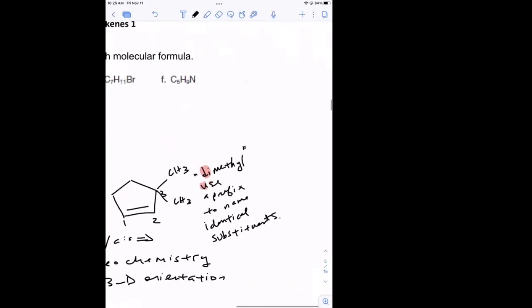So di, tri, tetra, penta, so on and so forth. All right, questions about the nomenclature part? I know I blew through that, but feel free to ask questions.